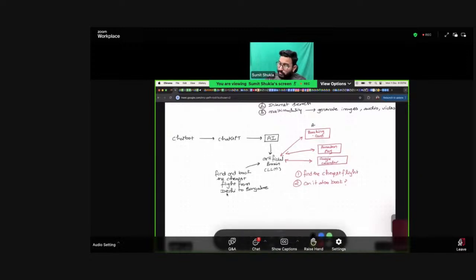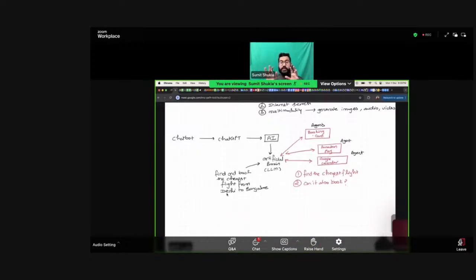These are what the agents are. This is an agent. These are basically the tools which are co-working with the artificial brain to execute an end-to-end task. This is what an agent is. So an agent is basically a particular brain which is also given some access to tools to co-work and execute your end-to-end task.